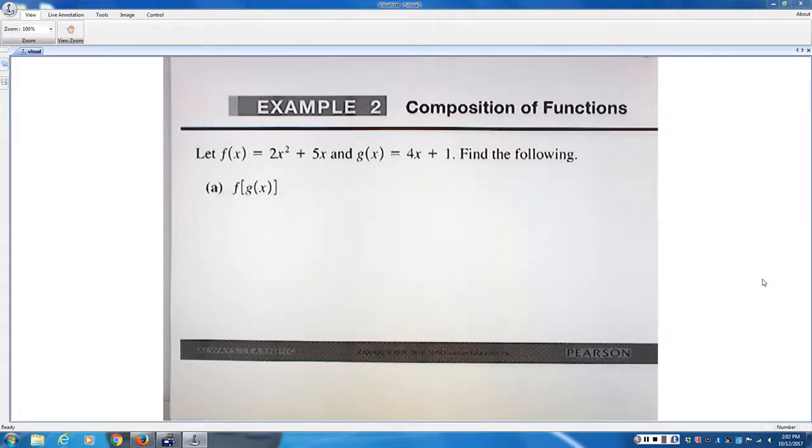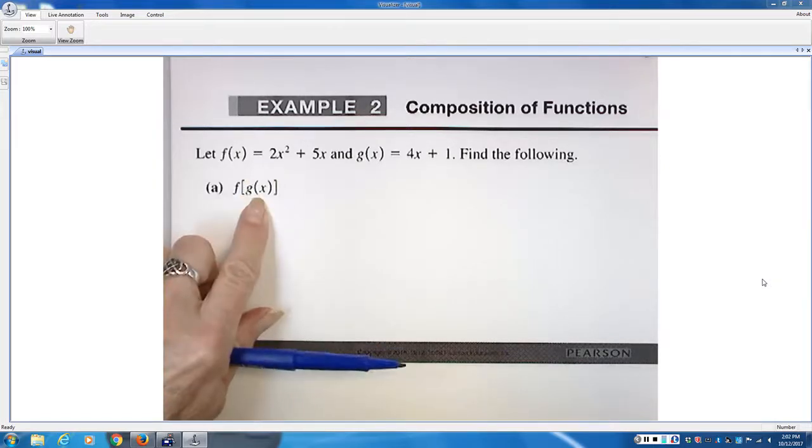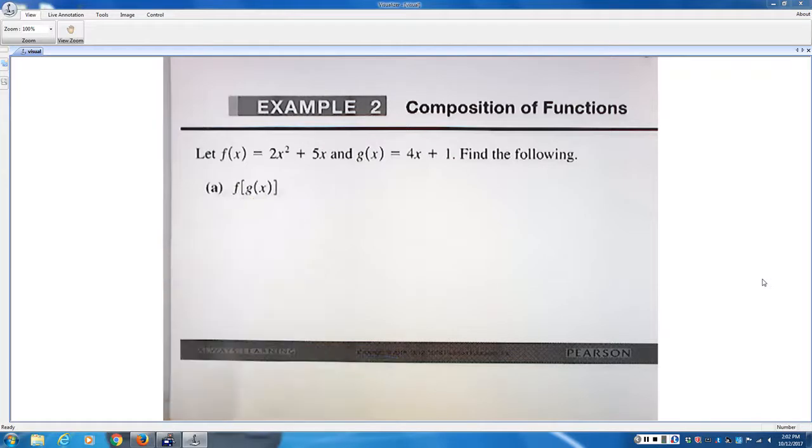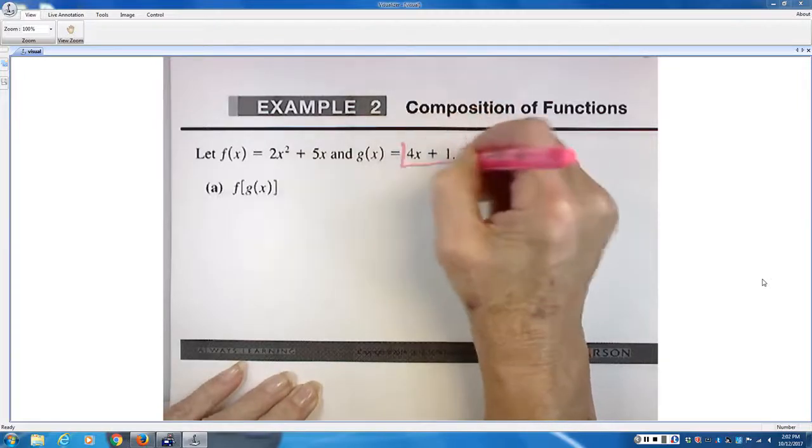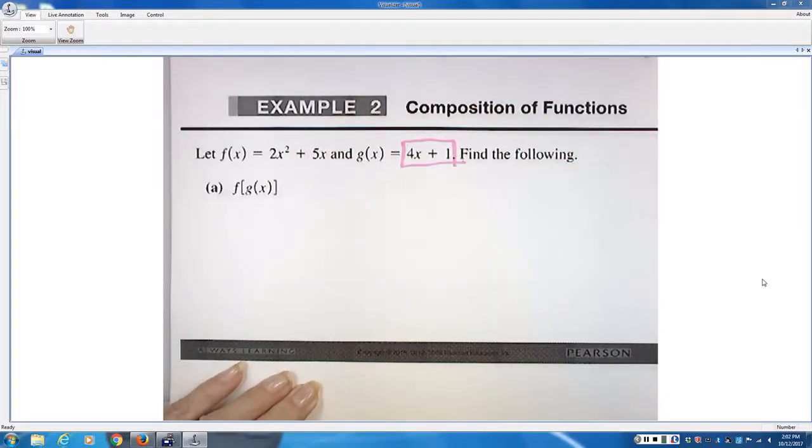Now, here we don't have a number to plug in for x, so we're going to actually be plugging in the function. So the inside function is going to be 4x plus 1.